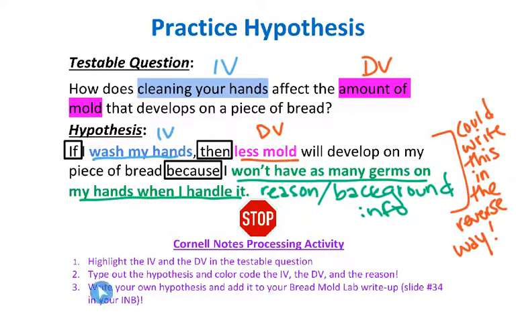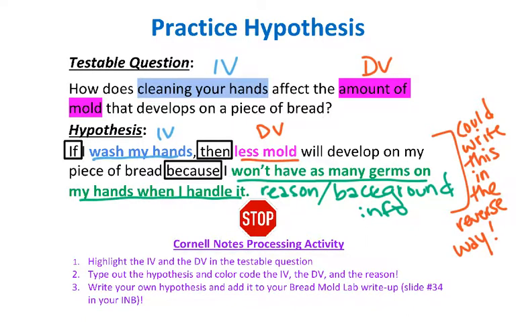And then for step 3, I want you to go to slide number 34 in your INB. That's the first page of the bread mold lab. And you're going to see, we already added our procedures. There's a testable question. You're going to see the variables that we filled in, and we already wrote up a procedure. But there's going to be a blank spot for you to write a hypothesis.